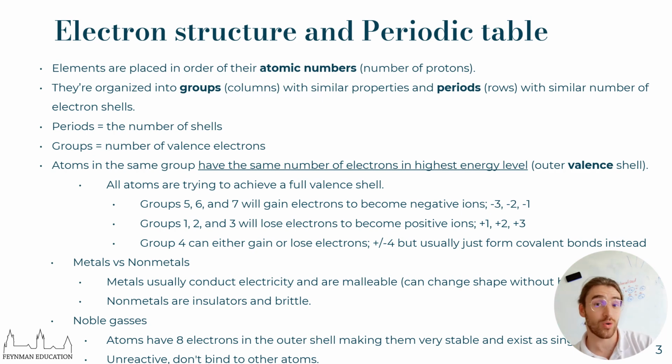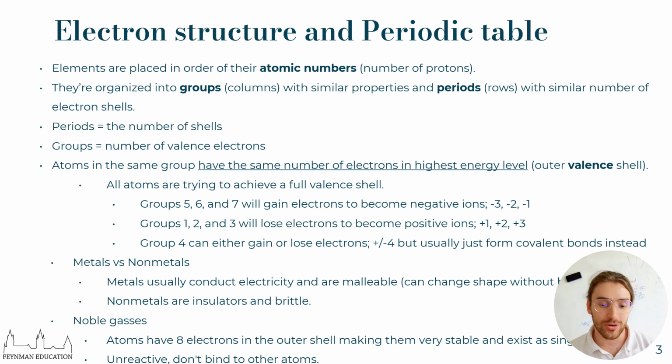So all of those elements in those groups are going to become positive ions because they're going to lose their electrons. Whereas in groups 5, 6, and 7, it's easier for them to gain 1 electron, 2 electrons, or 3 electrons to become negatively charged ions.